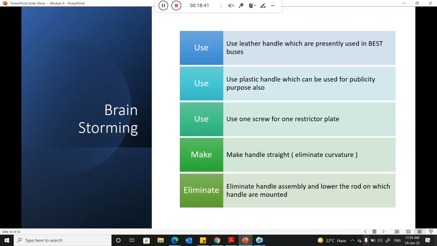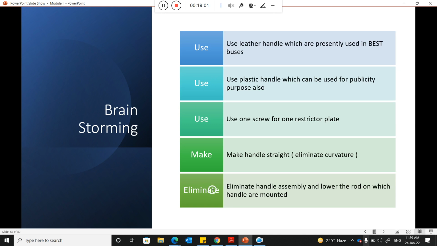Why? Because here we can generate extra money and we can use that handle for publicity purposes. So actually we increase the function. When I talk about the 2 here, what is the value? Value is nothing but the function and the cost, right? So when I talk about idea number 2, it increases the function.